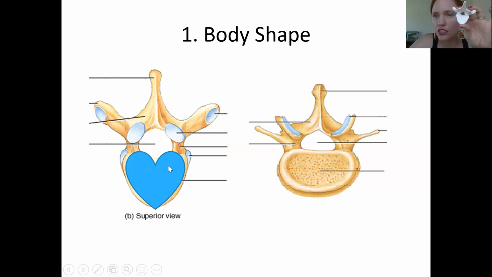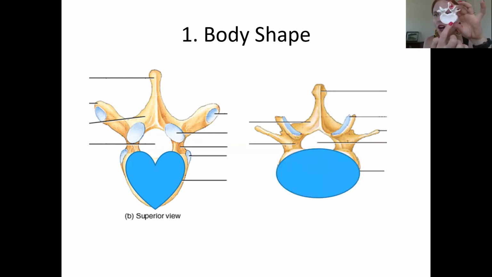Okay, so there is a nice heart-shaped body of a thoracic vertebrae. Whereas the shape of the lumbar, yes, it has a little bit of a dip, but it's much more broad. And to me, it makes much more of an oval shape. Okay, so if it's narrow, that's going to be thoracic, and if it's broad, that's going to be lumbar.